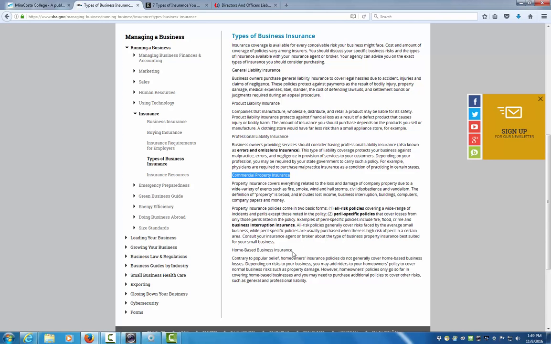There's also home-based business insurance. If you are a home-based business, there are policies that you might want to look at because homeowner's insurance policies often do not cover anything related to your business, and you actually need a rider on your policy to cover a home-based business in your home. All right, so those are some basic policies related to small businesses.